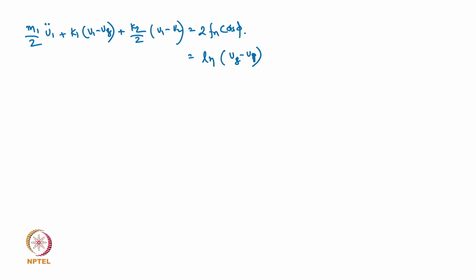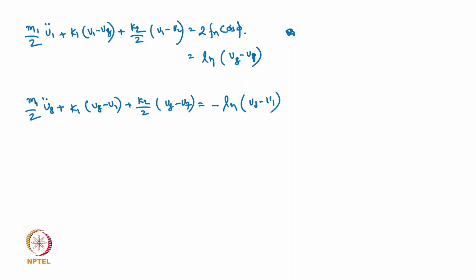That's the equation I can get, and the next equation will become m1 by 2 u8 double dot plus k1 into u8 plus k2 by 2 into u8 minus u7 should be equal to minus ln u8 minus u1.